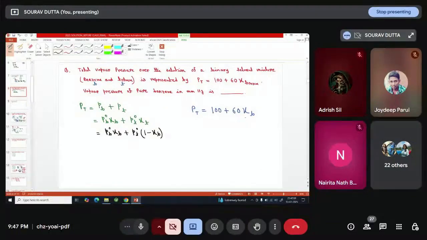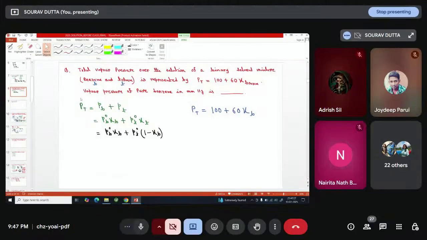Why? Because in the given equation XB is present, not XT. So first we substitute XT by XB. Now just simplify this equation.